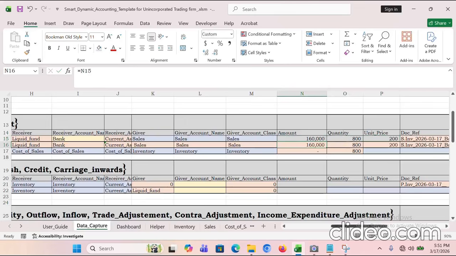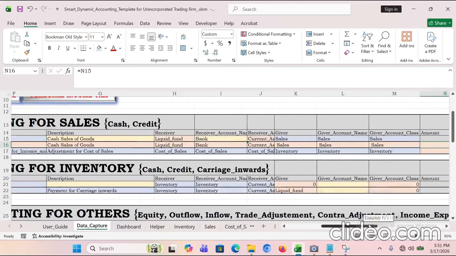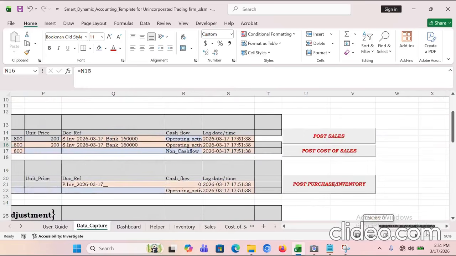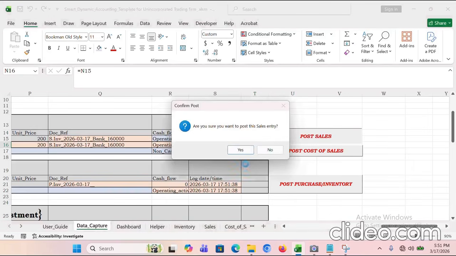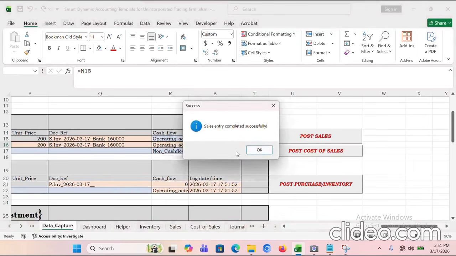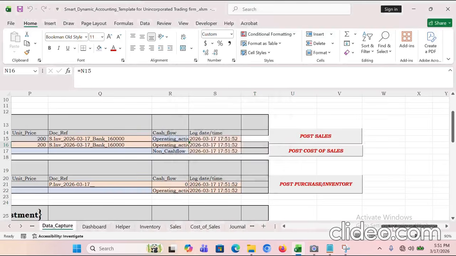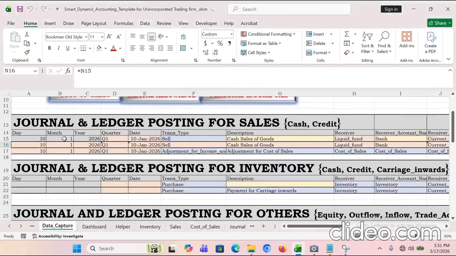Okay, so the sales invoice is automatically generated. So what else do we need to fill? I think that's all. So let's click on the post sales button that we have here. Confirm, yes. Posted successfully. So let's post another sales transaction.